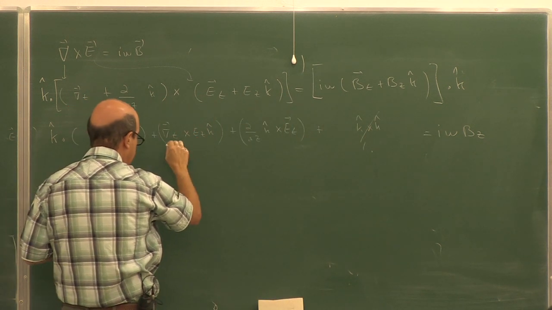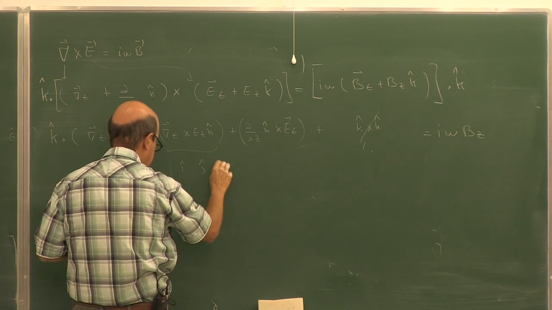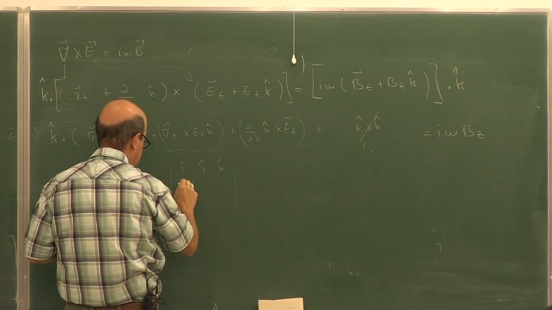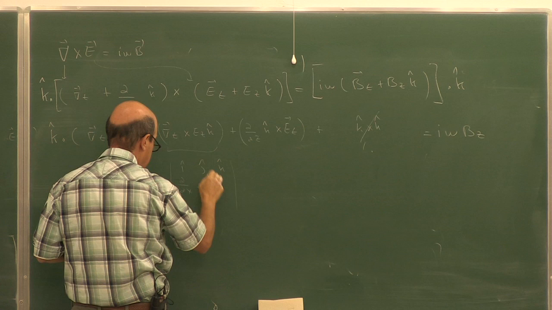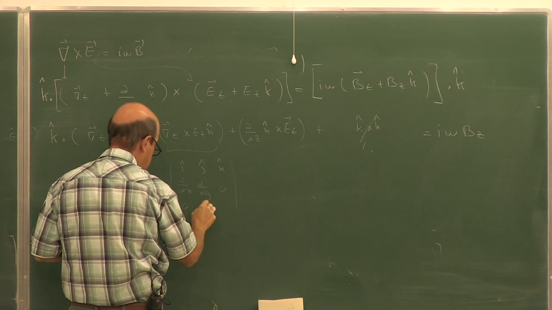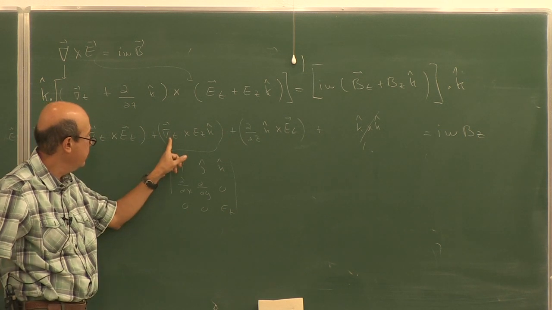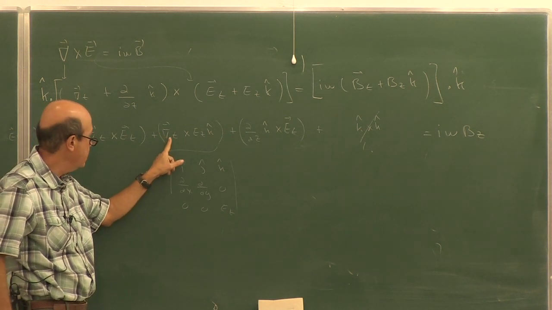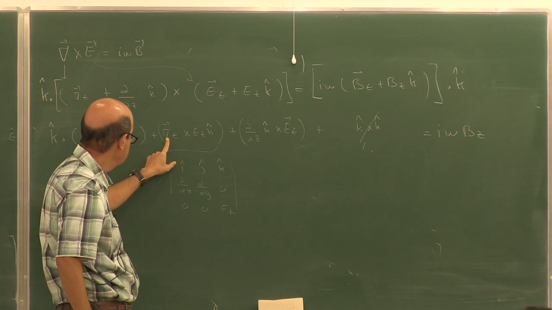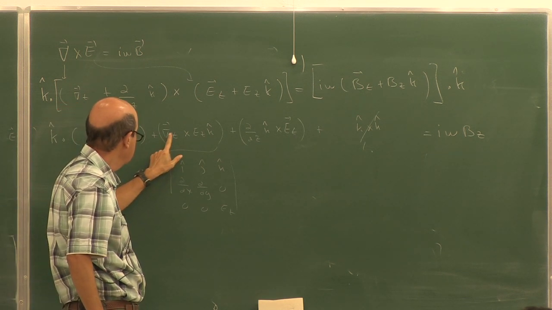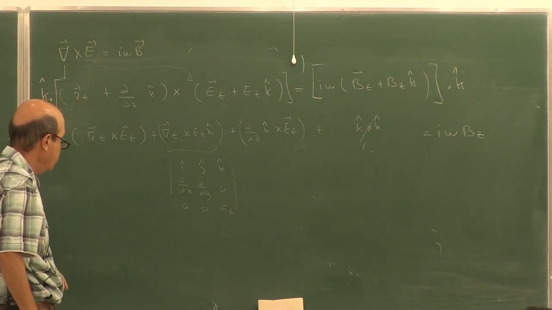So which terms will survive here? For example, this will be i, j, k, and del over del x, del over del y, and del over del z is 0, and 0, 0, Ez. So what is that term? This is the curl of Ez, the transverse component of the gradient cross product Ez.